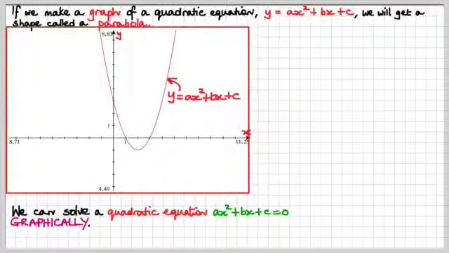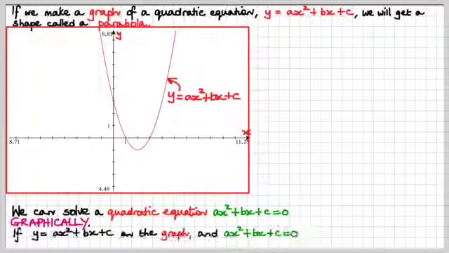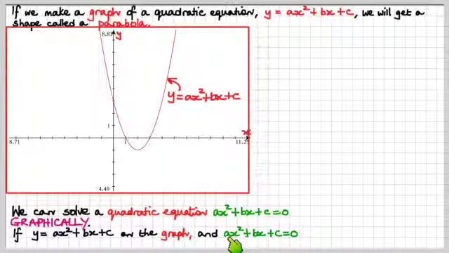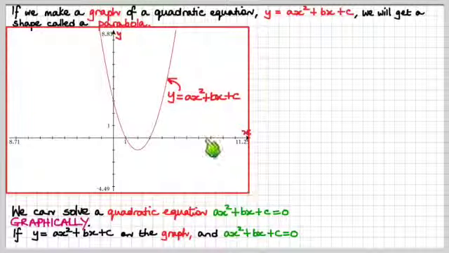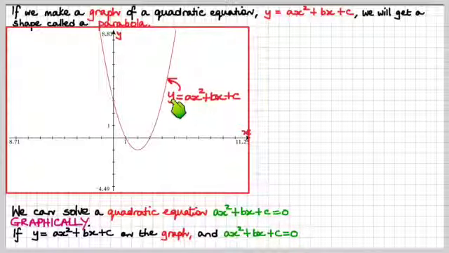So we can solve a quadratic equation, ax squared plus bx plus c equals 0, graphically. Yes, you can. If y equals ax squared plus bx plus c on the graph, and we're trying to solve ax squared plus bx plus c equals 0, which after all is what y is on the graph, then we're looking for when this thing, ax squared plus bx plus c, or y, equals 0.